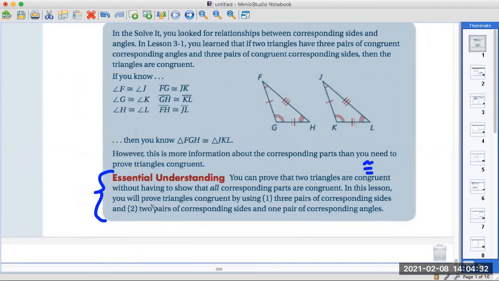In this lesson, you will prove triangles congruent by using either three pairs of corresponding sides, or two pairs of corresponding sides and one pair of corresponding angles, which is SSS and this one is SAS.